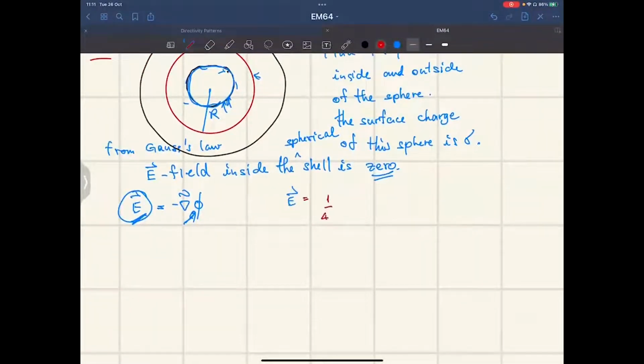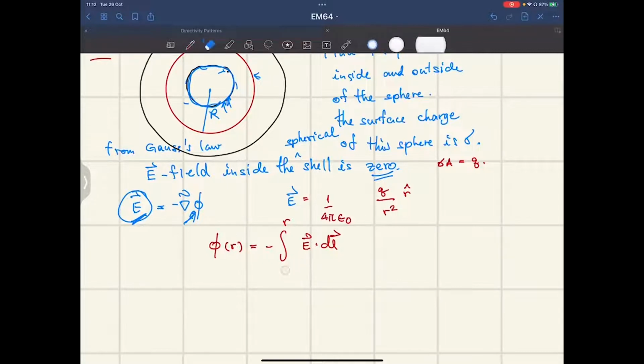E field is equal to 1 over 4 pi epsilon naught, Q over r squared, where we say the overall charge is Q. To find the potential at r here, it is equal to the integral of E dot dl from any reference until r here. Let's set our reference to be infinity.